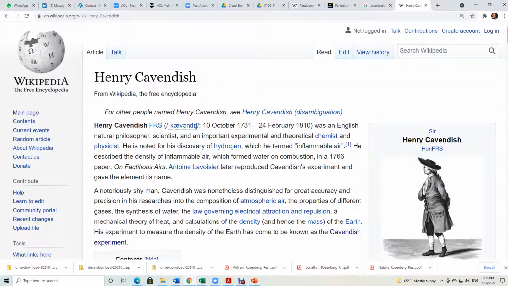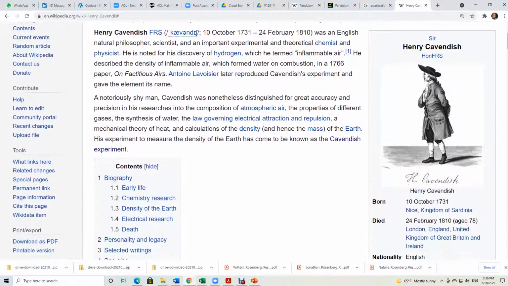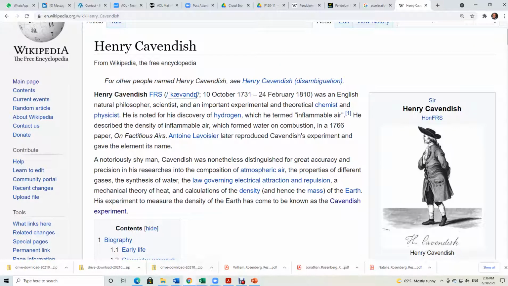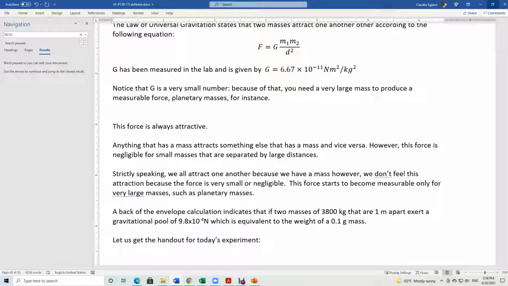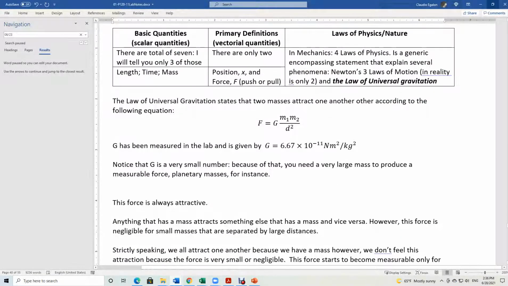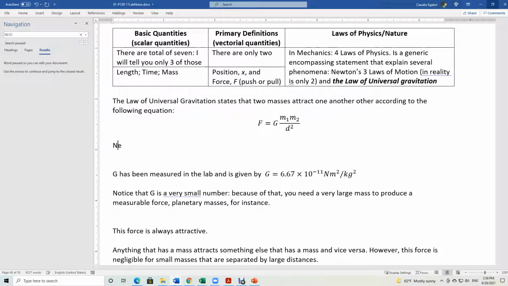That was the guy that came up with, you know, Newton discovered. Let me put down there in my notes, okay? Newton discovered the above relation.